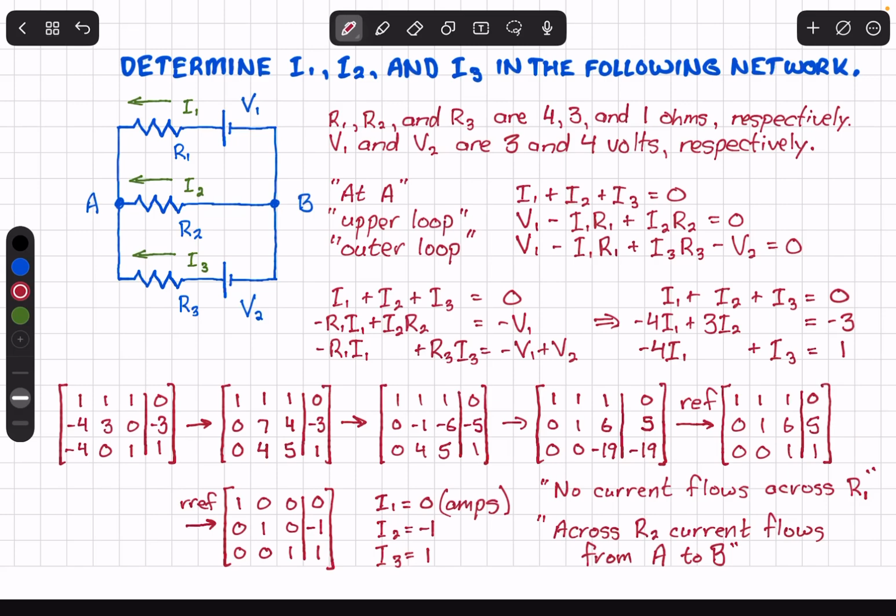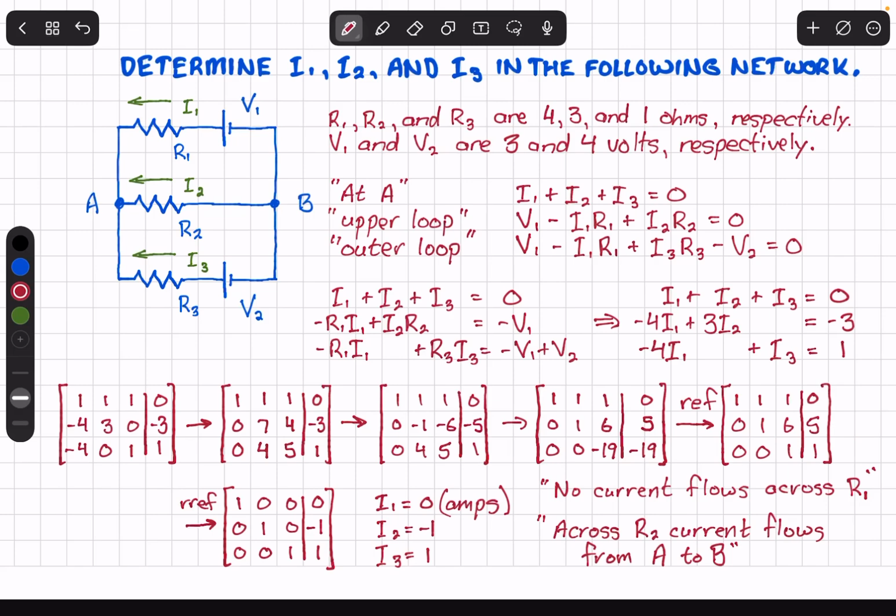We can construct two more equations with three variables, I1, I2, and I3, by using any of the three loops present in this diagram. And that is the upper loop, the lower loop, or the so-called outer loop. So in the upper loop, if we start at B, then we add a potential difference of V1. We subtract a potential difference of I1 R1.